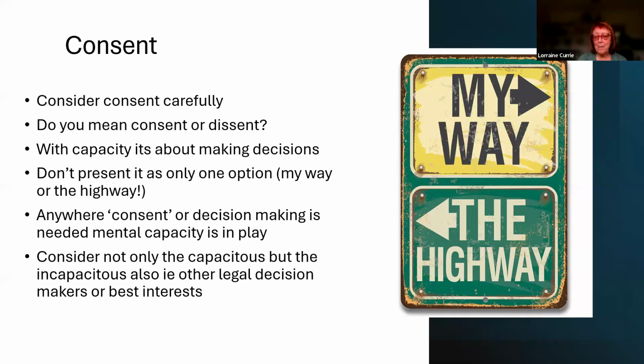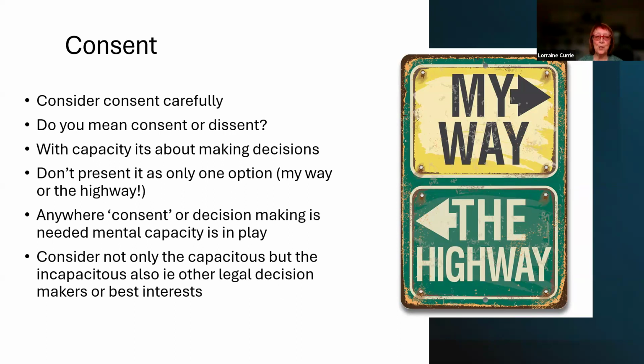So also anywhere we're talking about consent, we need to be considering not only the capacitors, but also the incapacitors. So in other words, we need to be looking at what about other legal decision makers and what about best interests. So I think we'll see in one of the policies, and they're very good on the whole, the two policies that I've looked at, but somewhere it talks about decisions with capacity or best interest decisions, but it's missed out the middle bit, which is decision making by another legally appointed person.